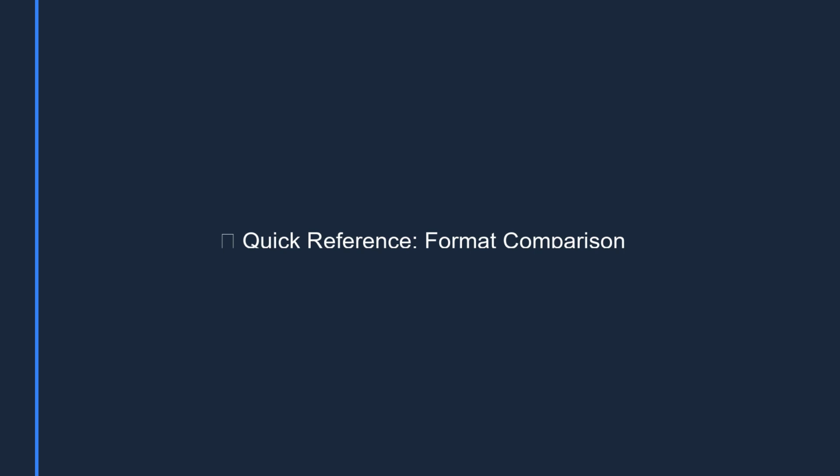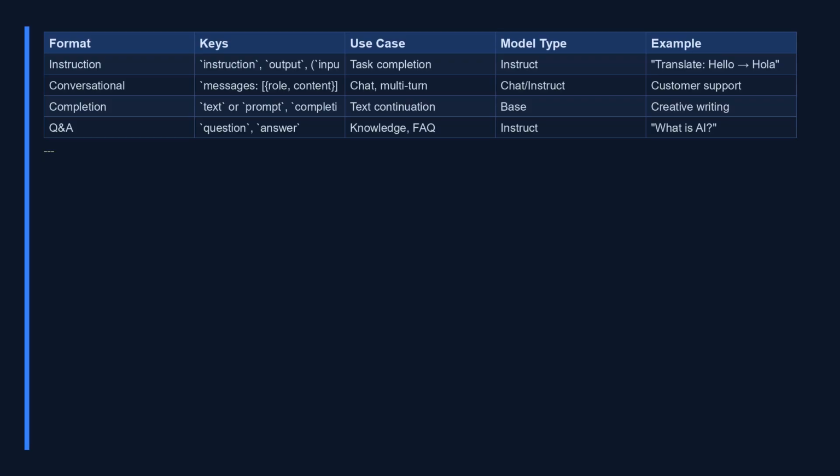Quick reference. Format comparison. Here's the complete picture in one place. The instruction format uses instruction, output, and optionally input, best for task completion with instruct models. The conversational format uses a messages array with role and content objects, the standard for chat models and multi-turn interactions.